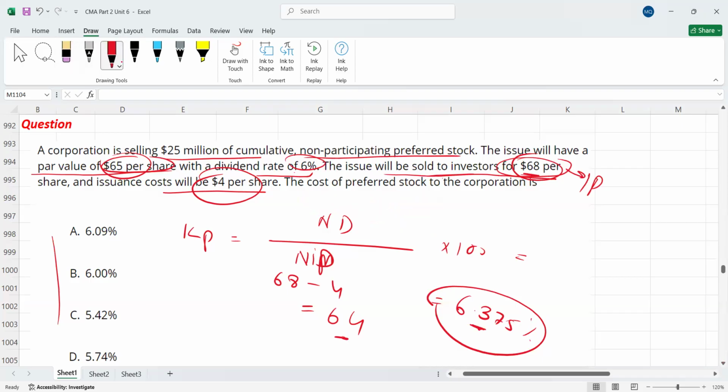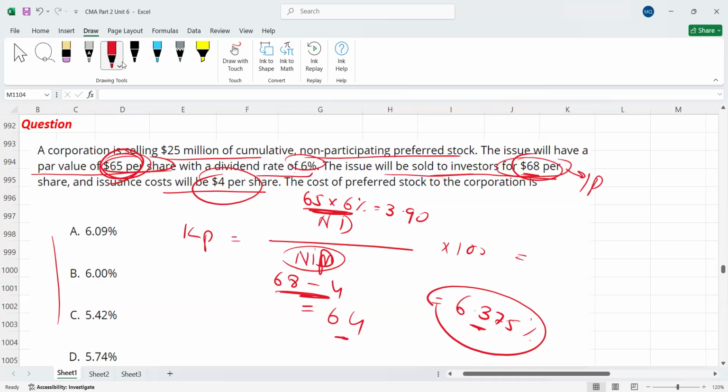What is my mistake? When we calculate the dividend, we need par value. Yes, this 65 par value I need times 6%. This will give you the dividend. And now if you calculate, the dividend will be 3.90. This is the mistake. I was wondering why it wasn't matching. So dividend you will always calculate on the par value, divided by issue price minus flotation cost, which will give you net issue proceed, which is 64, times 100.